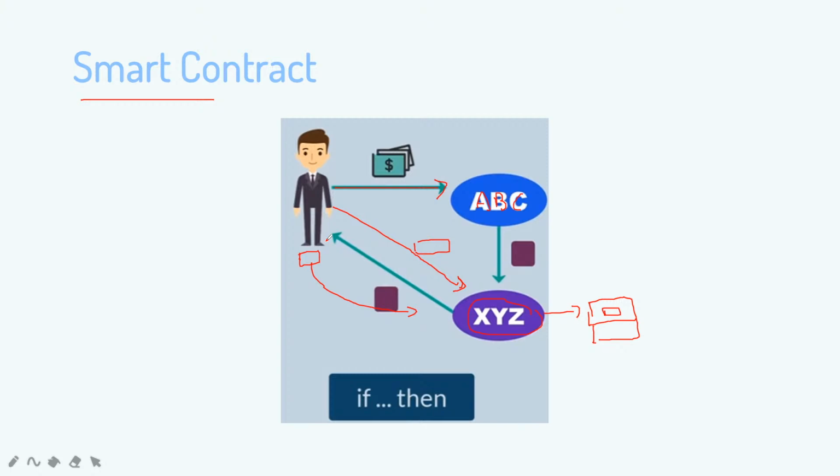If the person confirms they are okay with the product, that the product is good, then the amount held by ABC will be debited to XYZ, after the confirmation from the user only. That is the smart contract. If the laptop is damaged, the ABC company will automatically transfer the amount back to the person. This is the smart contract we are using in blockchain technology.